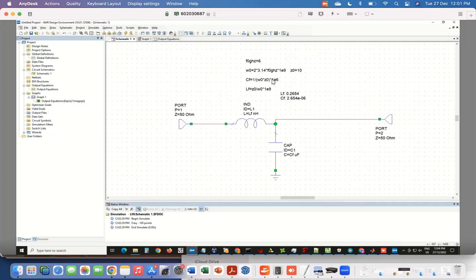Can you just check if I made a mistake? So I've defined 6 gigahertz, so 2 pi f into 1e9. Z0 is 10. C filter is 1 over omega0 Z0 into 10 to the power 6, right? This is a microfarad. Somehow I feel the capacitance value is too small.